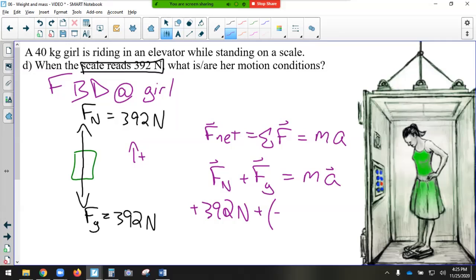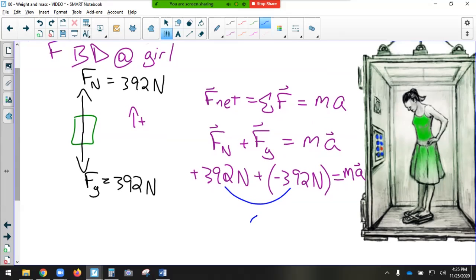Her weight is downwards, so 392 as a negative, is equal to her mass times acceleration. You can clearly see that 392 and negative 392 give me 0, and 0 is equal to mass times acceleration. I can divide by her 40 kilograms, but it's not going to do anything, so we'll skip that step and say there's no acceleration.